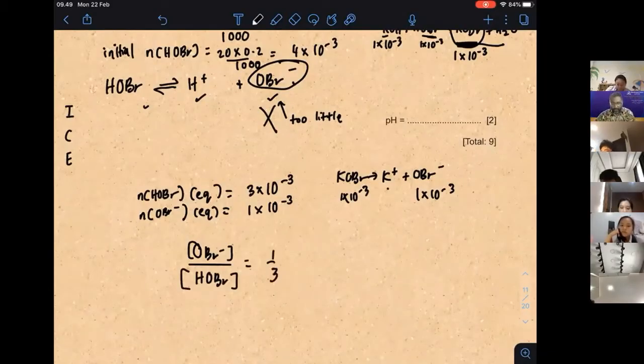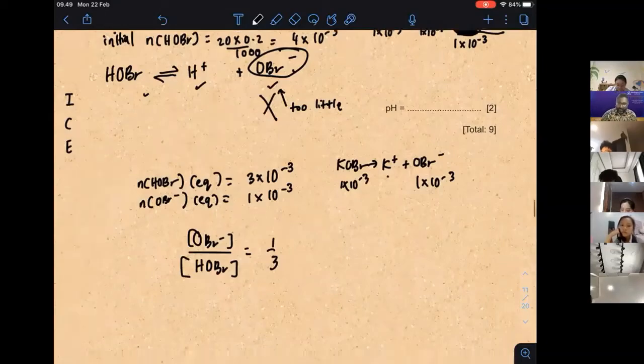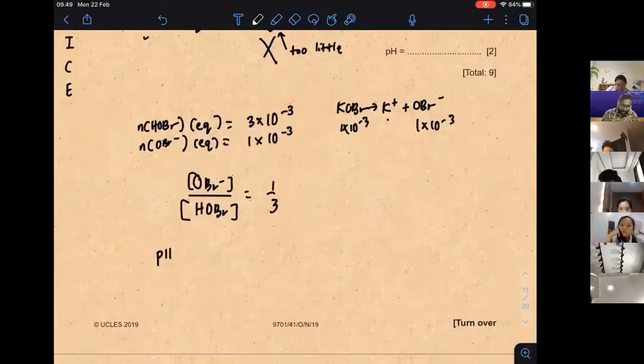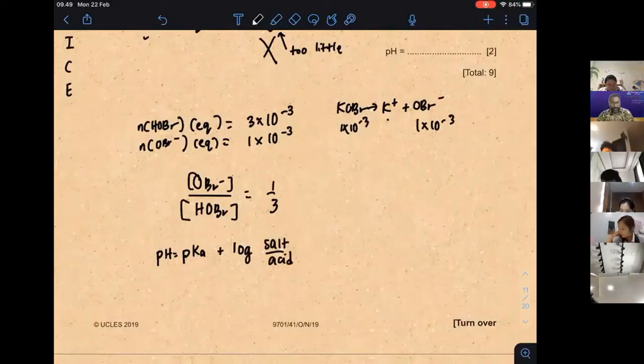So this one, you can use the buffer formula, pH equals pKa plus log salt divided by acid. If you want to use that, you can continue using that.